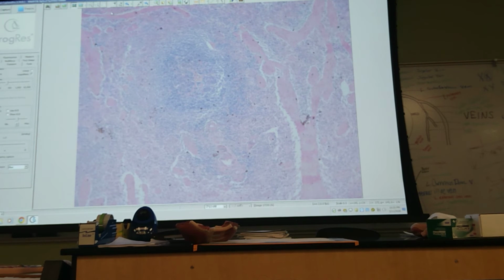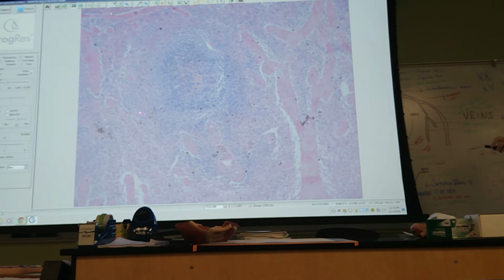There may be more than one, and not always central. Very rarely central, even though the name says central artery. So here it is. Here's this splenic corpuscle. And right here, at the outer edge, in this particular case, is a central artery.